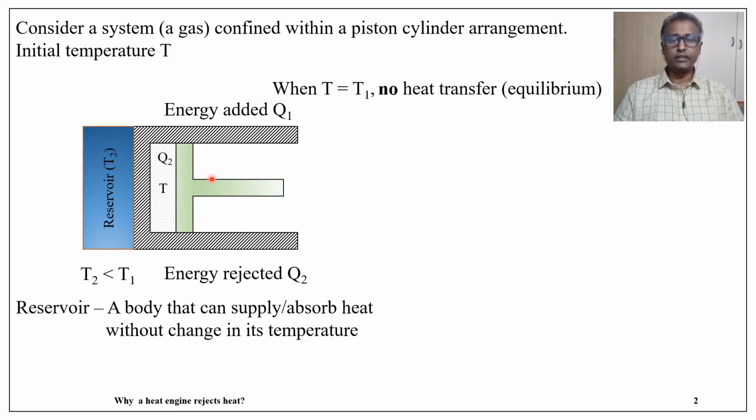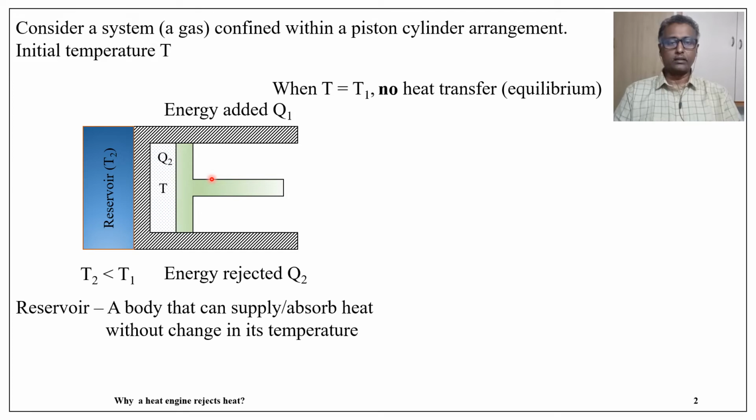The quantity of heat rejected is Q2. Once again, there is a change of state. The system at T1 reaches a temperature T, and T is less than T1.